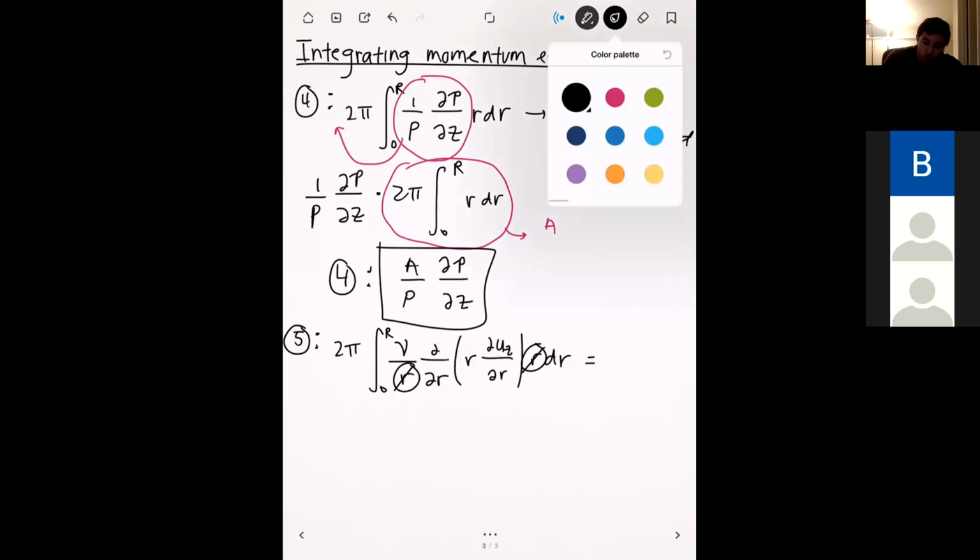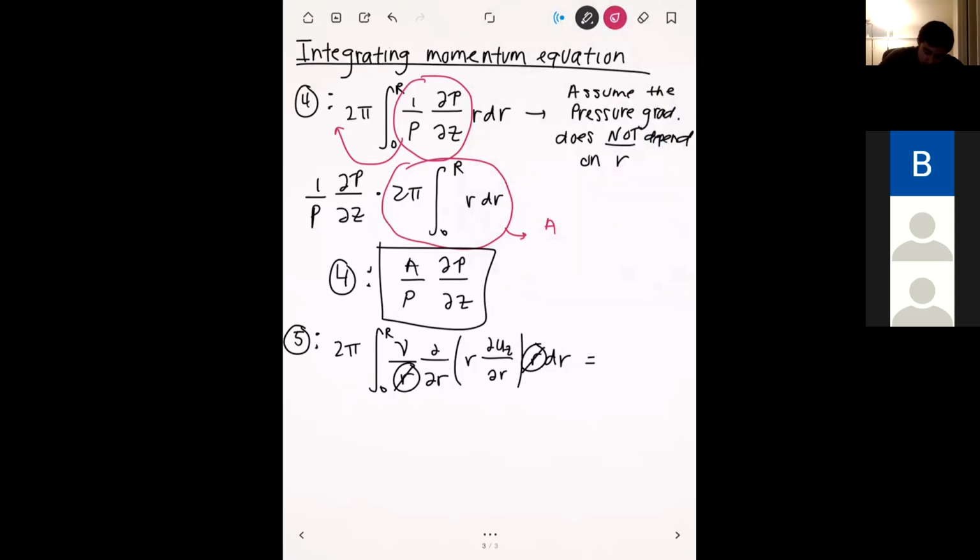And of course, nu, our viscosity, is a constant, so we can pull that out of the integral. From this we get 2 pi nu times the integral from 0 to big R of partial r of r partial uz partial r times dr.